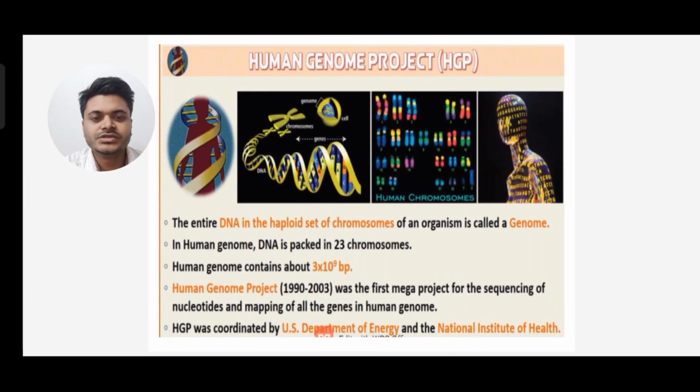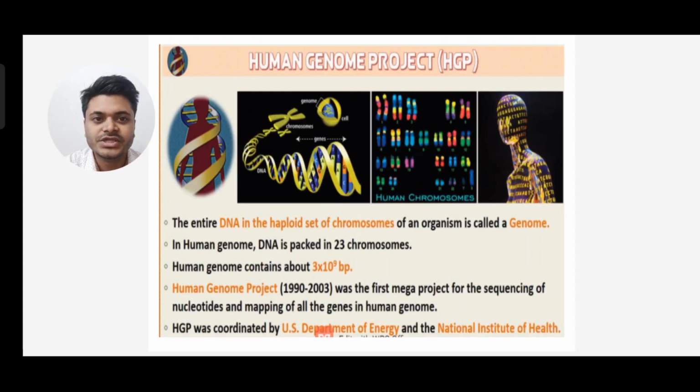So what is the Human Genome Project? We'll see that there are numerous chromosomes, and inside the numerous chromosomes there are numerous genes. We know that we have 46 chromosomes, that is 23 pairs. So we'll know the function of each. The entire DNA in a haploid set of chromosomes of an organism is called a genome.